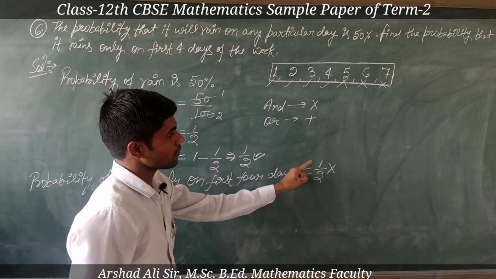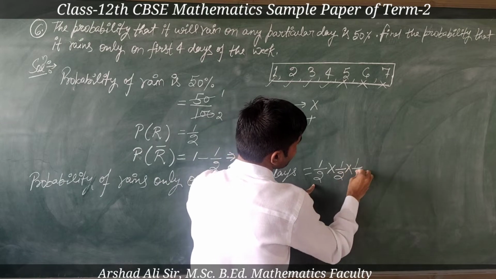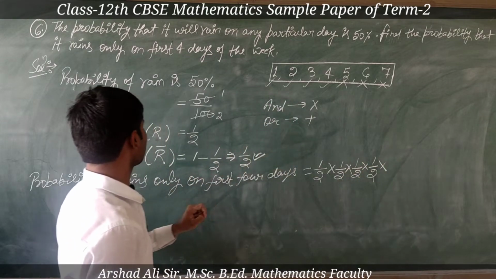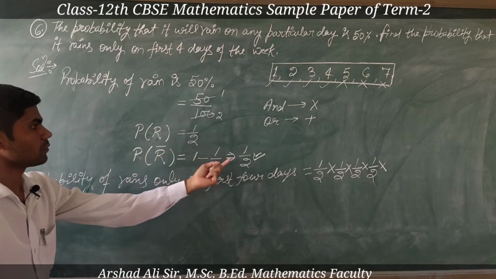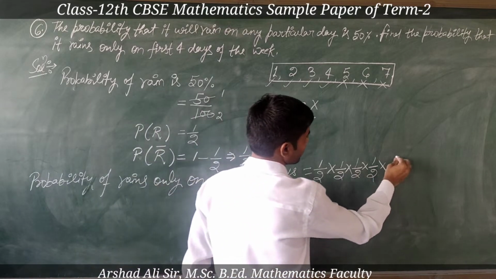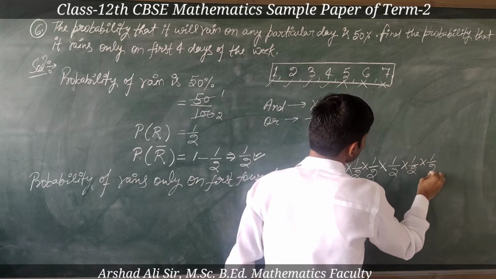Probability of rain on the first day 1 by 2, second day 1 by 2, third day 1 by 2, fourth day 1 by 2, and the rain not coming is also 1 by 2, P of R dash or P of R bar. So we write the same thing, 1 by 2, 1 by 2 and 1 by 2.